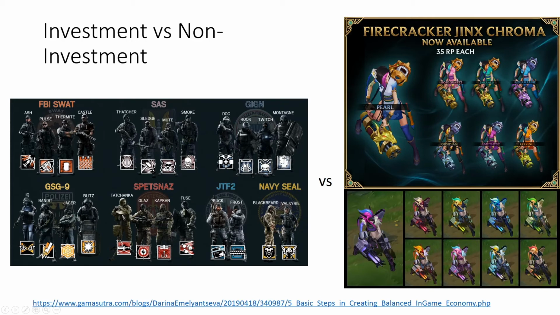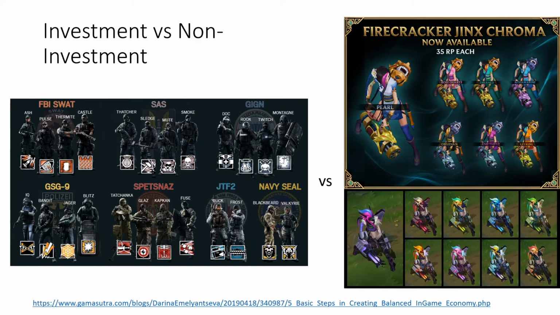There's 2 types, by the way, of goods you can put into your game. There is investment and non-investment. And non-investment essentially means this good doesn't give you anything. It's anything mechanical within the game. So on the left and on the right, these are both 2 games that are not really free to play. On the left is RS6, it's cheap, but it's not free to play.